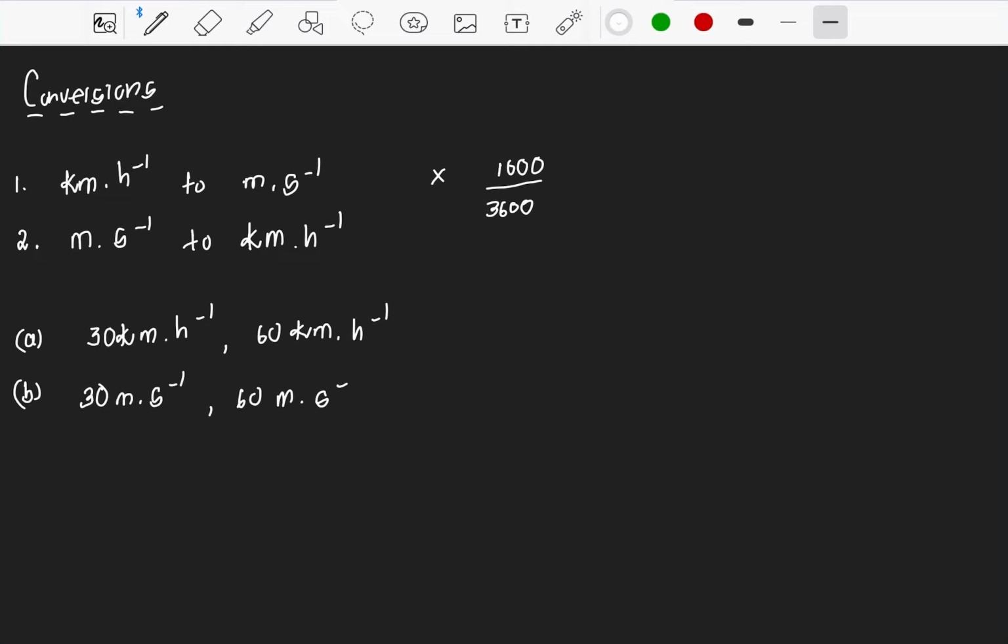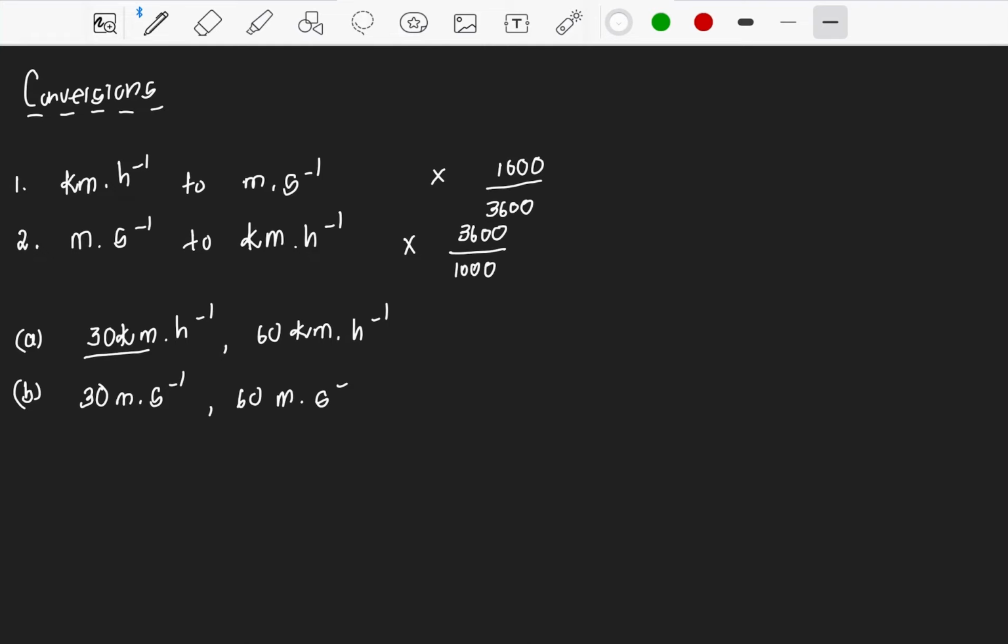And when you convert meters per second to kilometers per hour, you multiply it by vice versa of the above, which is 3,600 over 1,000. So without any waste of time, let's put them into use.